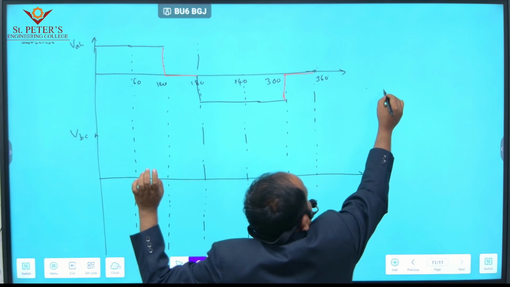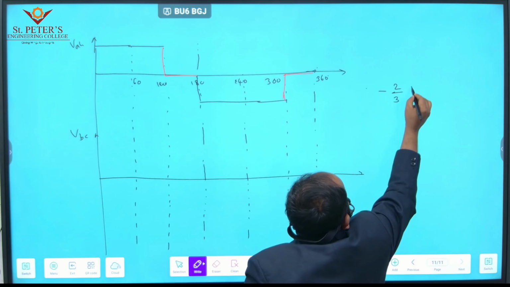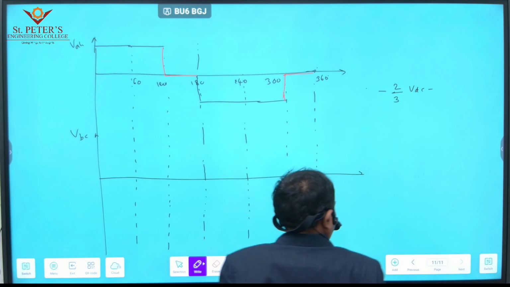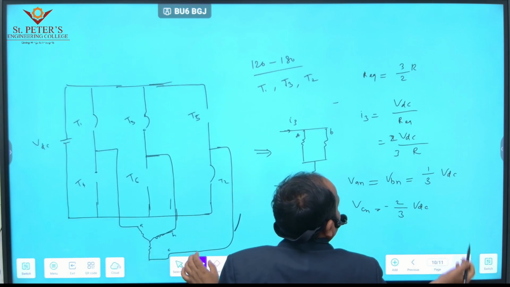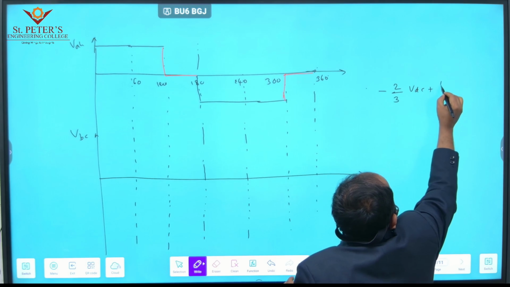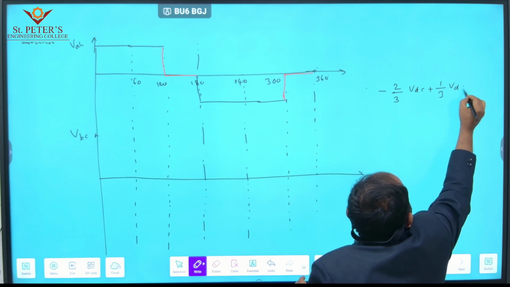So minus 2 by 3 VDC minus VCN. What about VCN? VCN is 1 by 3 VDC. So minus of minus is plus 1 by 3 VDC.